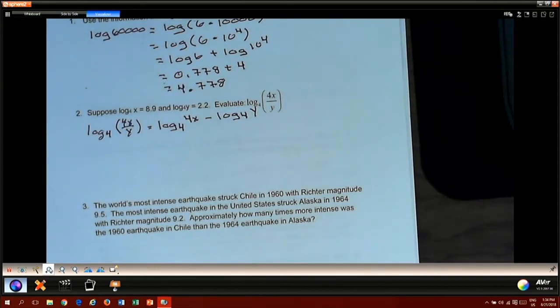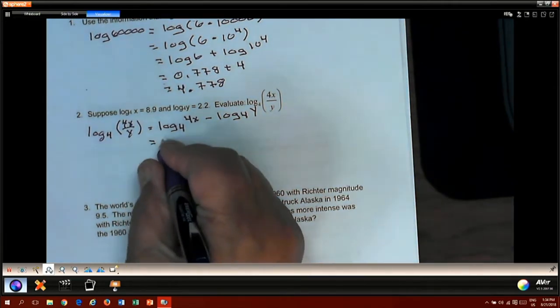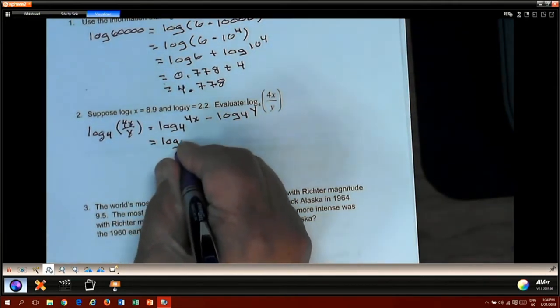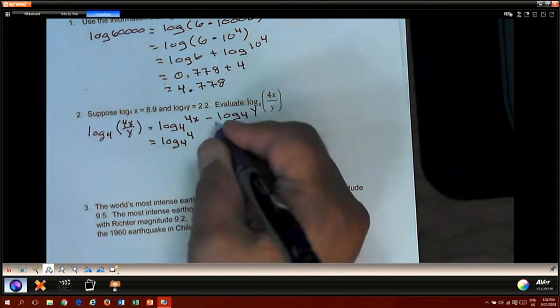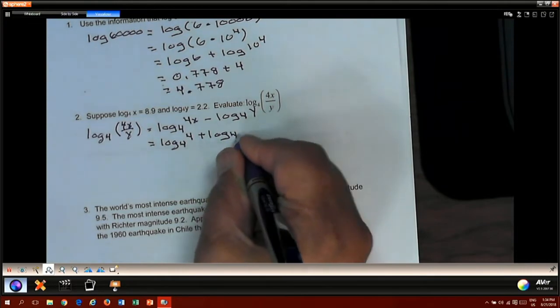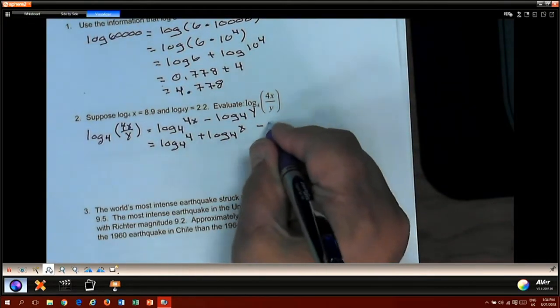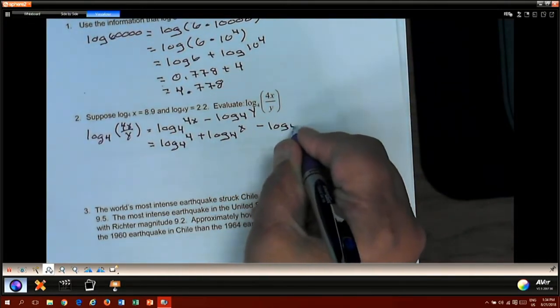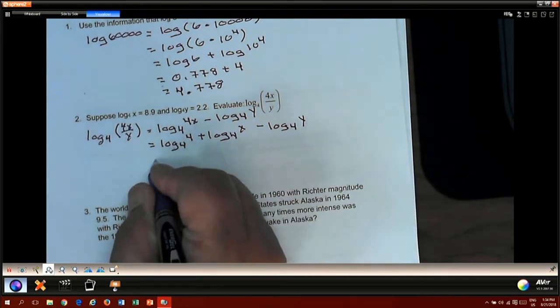However, if we look at this, we have log base 4 of 4x. That is a product, so we're going to separate it into a sum. So this becomes log base 4 of 4 plus log base 4 of x minus log base 4 of y.